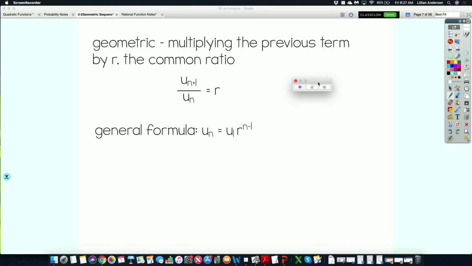To find your common ratio, what does u sub n plus 1 represent?